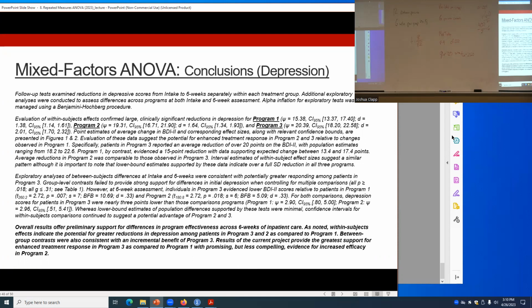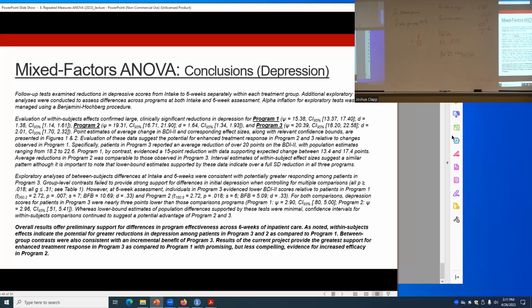Then we're going to start with within-group first. We're seeing significant reductions in depression for programs 1, 2, and 3. We're seeing big reductions. Point estimates of average change in BDI and corresponding effect sizes, along with relevant confidence bounds, are presented here.